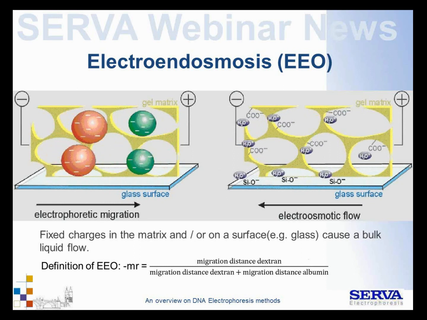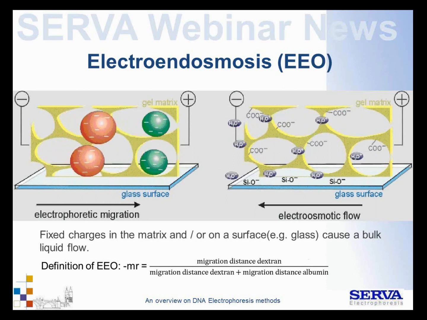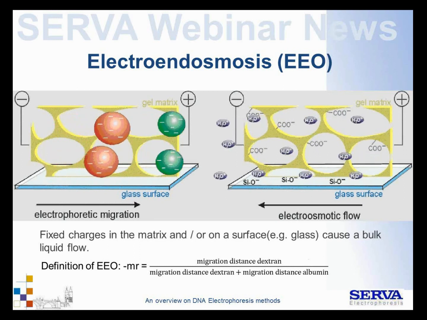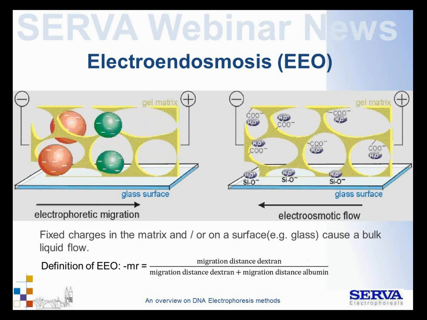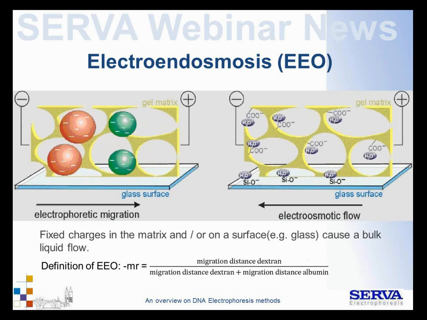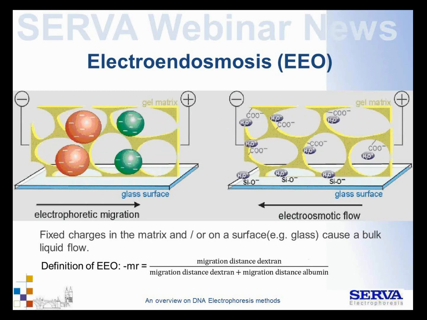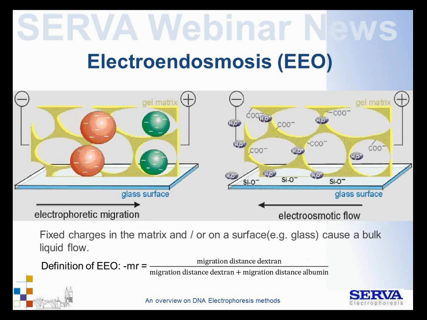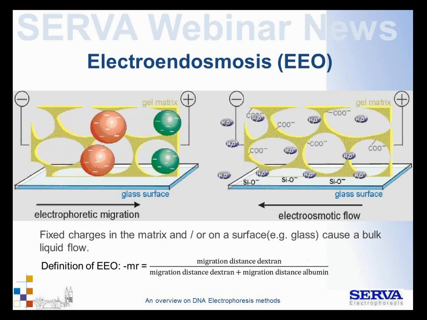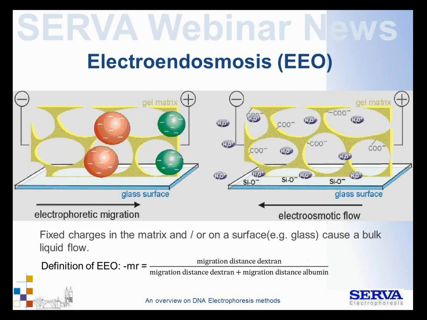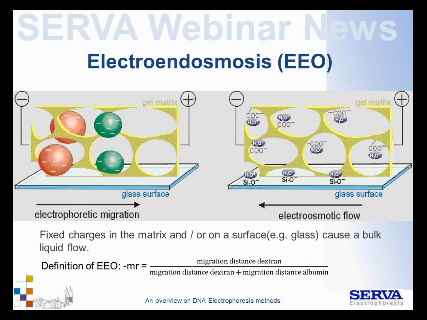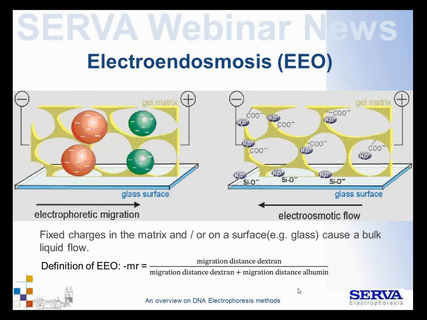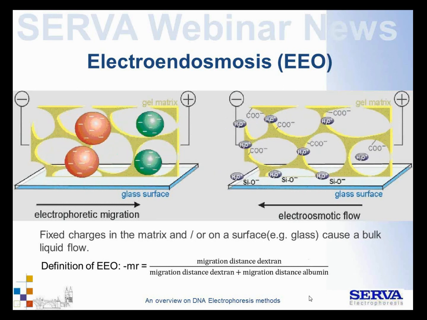The dextrane usually would not migrate electrophoretically at all, but with the water flow it will be moved towards the cathode. And the albumin will also run a shorter distance, the higher the electroendosmosis of the gel. Okay, just generally spoken, good agarose is expensive, and the best agaroses have the lowest electroendosmosis values.